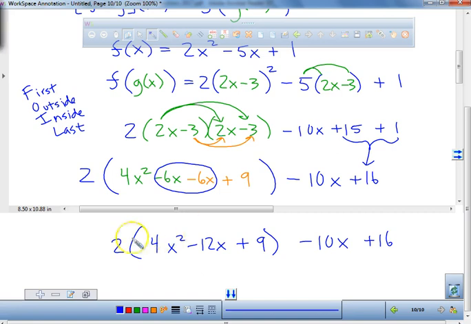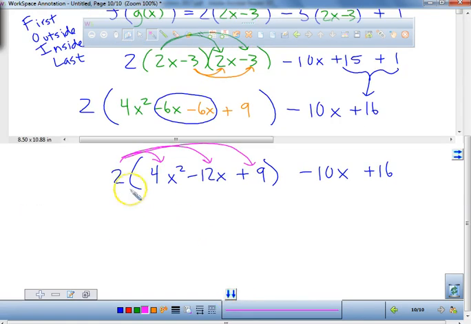I still haven't multiplied everything by 2 because I'm trying to get everything inside the parentheses cleaned up before I do that. So the last thing we're going to do is distribute a 2 to every single number inside. So we're going to double everything. When you double everything, you get 8x squared minus 24x plus an 18 minus a 10x plus a 16.